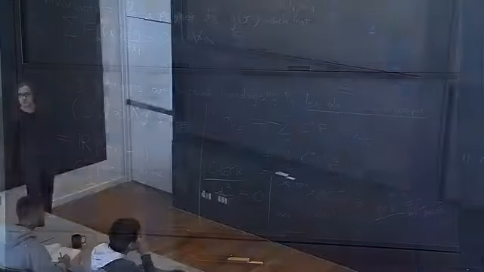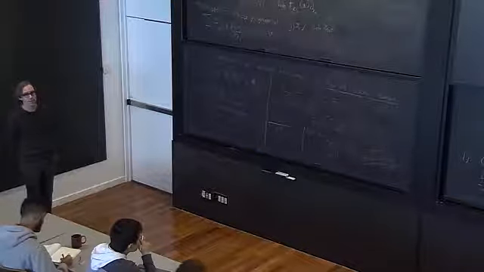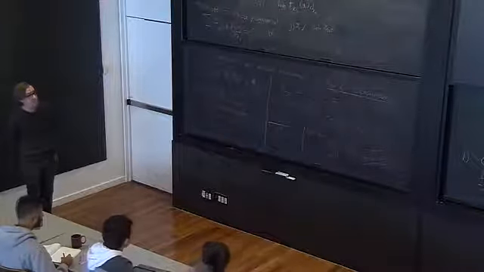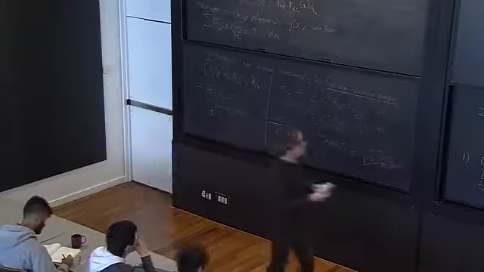Okay, any questions about this? So for mathematicians, this may look completely ad hoc, like we're just making it up. But actually, there's a really clean homological meaning to this.